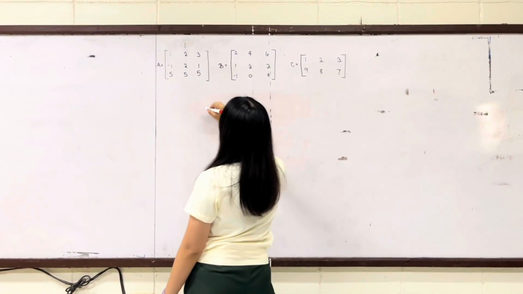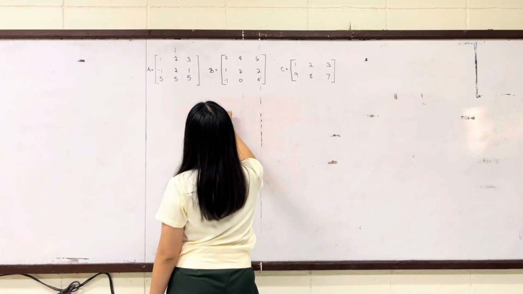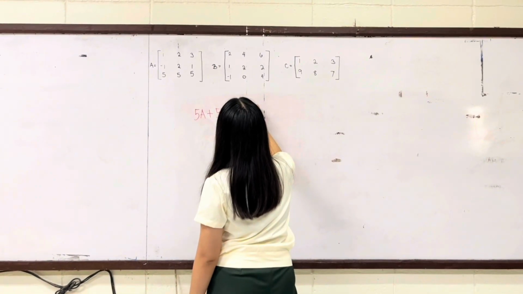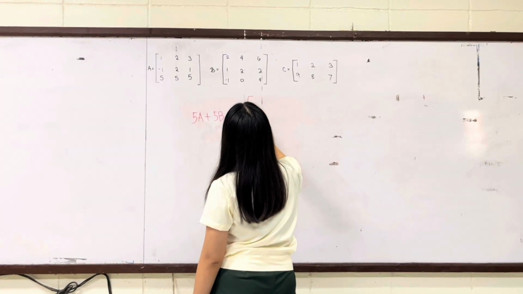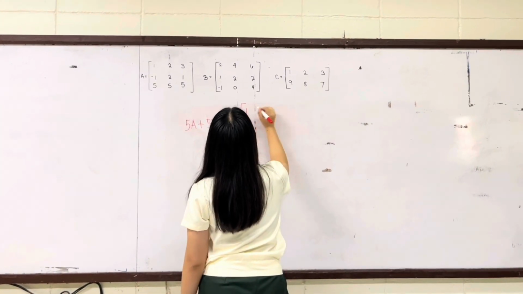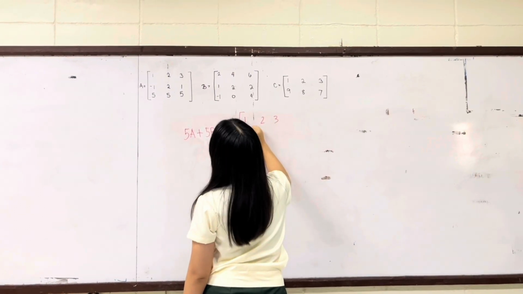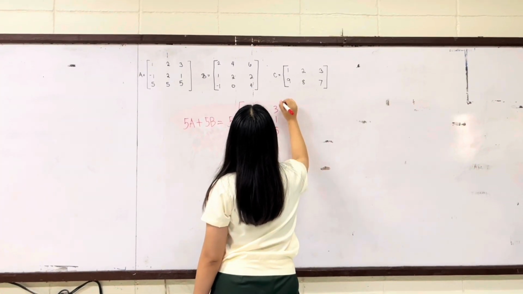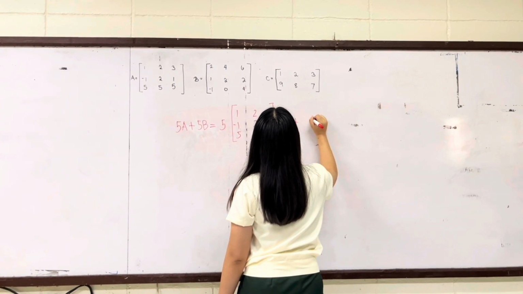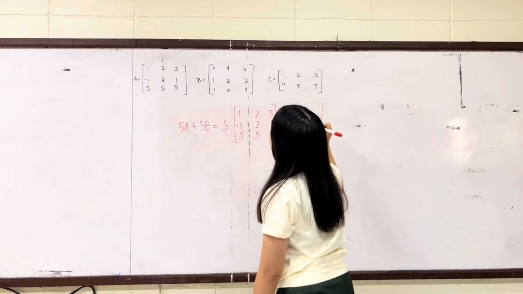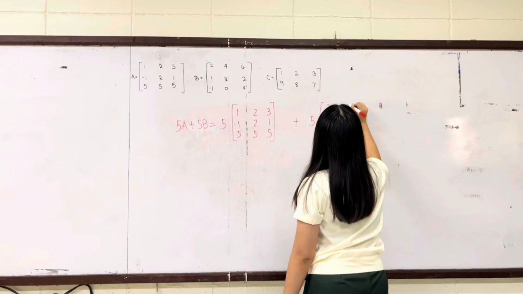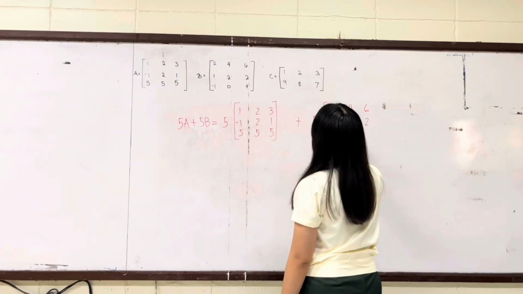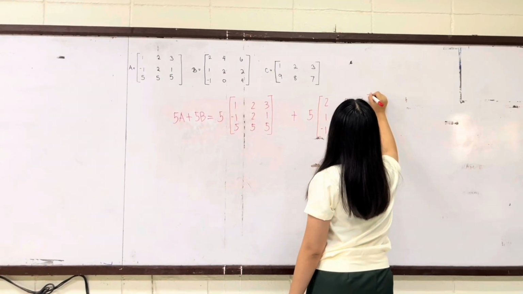So in here, we are given 5A plus 5B. First we substitute the values, 5, and let us copy 1, 2, 3, negative 1, 2, 1, 5, 5, 5, plus 5, 6, 1.